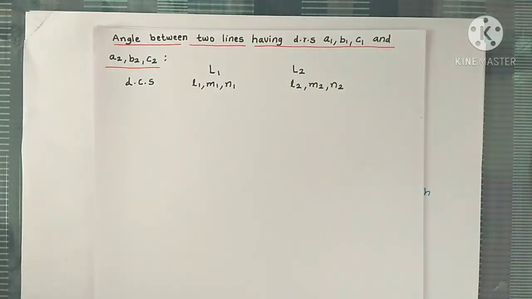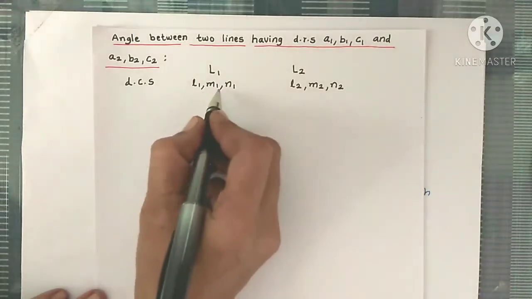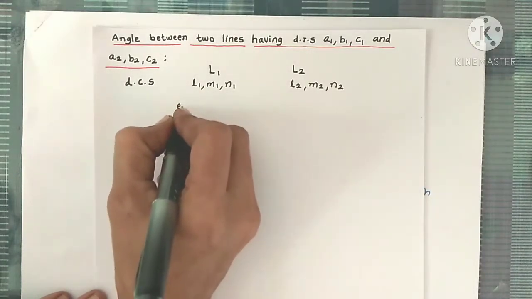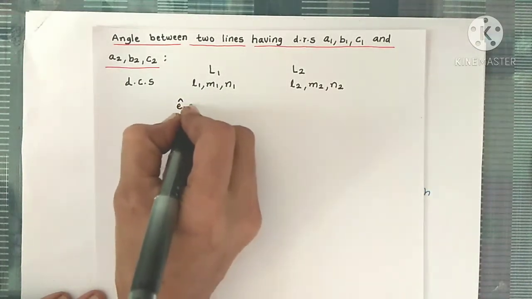Let's revise that. If the direction cosines are L, M, N, then we have the identity L square plus M square plus N square equal to 1. And direction ratios are the numbers which are proportional to direction cosines. Let's revise one more thing: if direction cosines are given, then we can find the unit vector along the line.